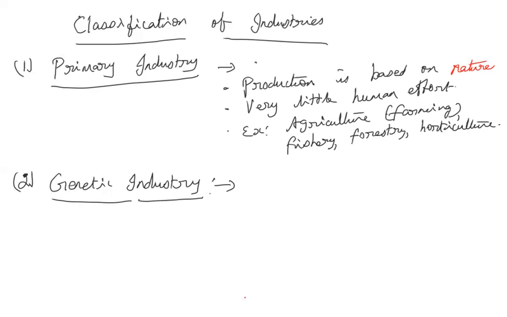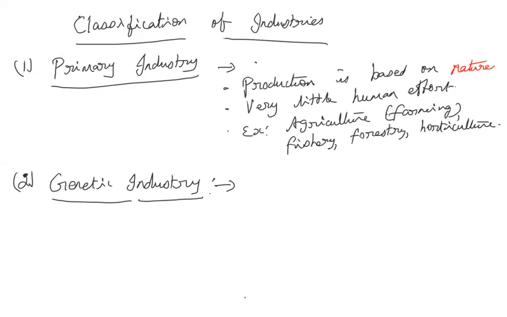And in this classification of industries, each and every one of these industries can be asked for the 2 marks. Okay. So the genetic industry is where certain plants and species of plants and animals are combined, like the hybrid varieties of seeds we are seeing, isn't it? So that is a genetic industry.